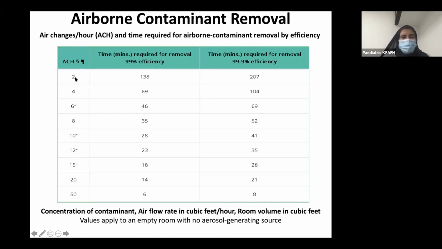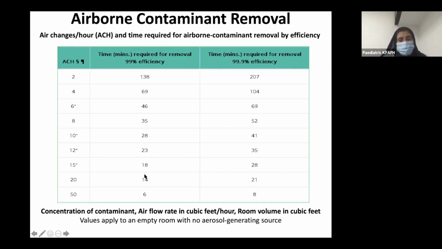So these are values that are measured based on the concentration of contamination, airflow rate, and the room volume. And you could see that the time required for the removal of the virus from that area varies from 1 hour and 38 minutes to 6 minutes only.